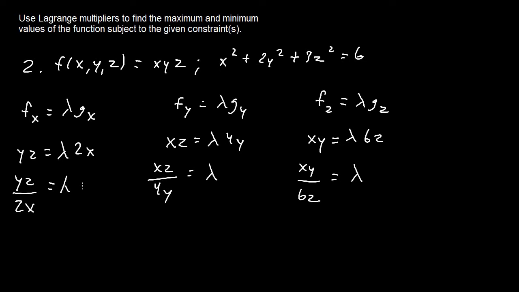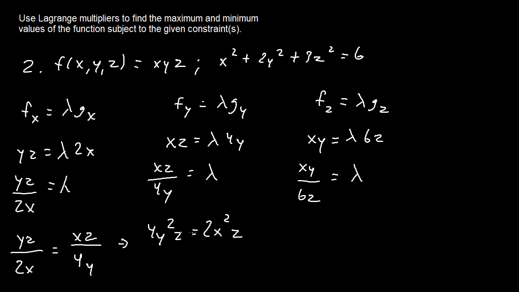So now what I can do is, since all of these equal lambda, I can go ahead and first set these two equations equal to each other. So we get y times z over 2x equals x times z over 4y. So if I go ahead and cross multiply here, we then get 4y squared z equals 2x squared z.